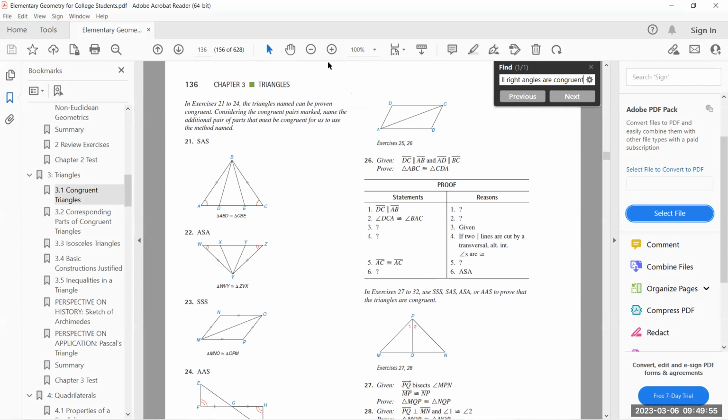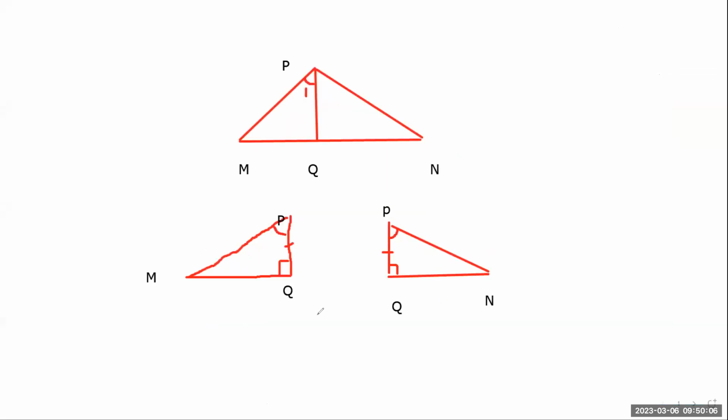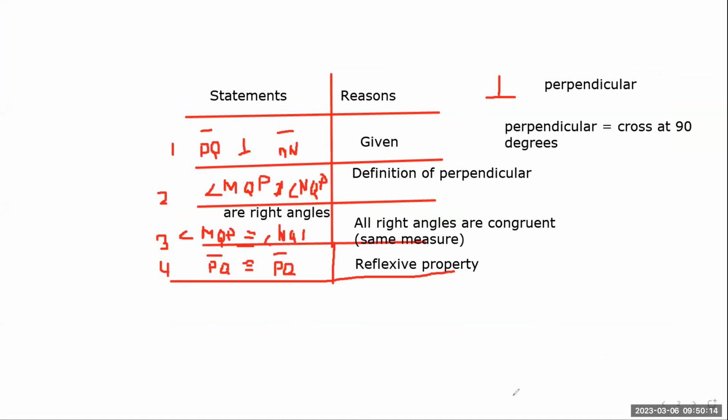So we say that triangle MQP is congruent to triangle NQP by angle, side, angle.